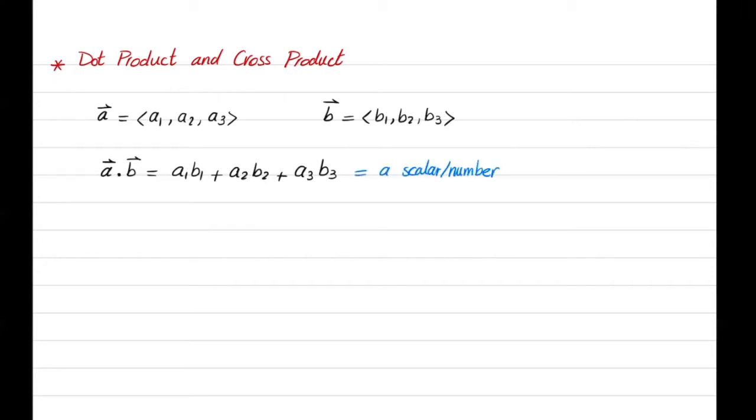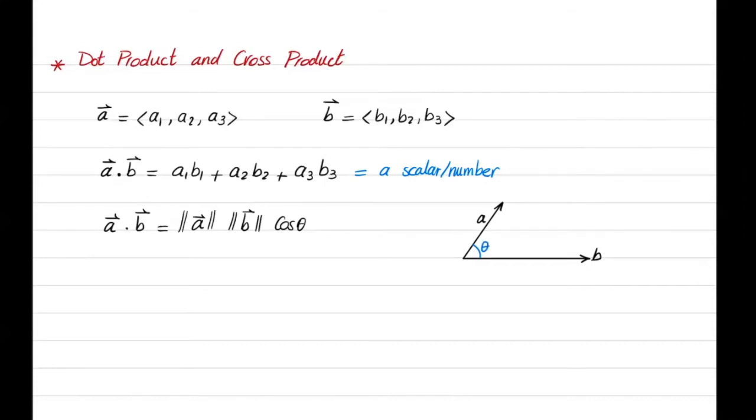There is also an alternative form of the dot product, which is the magnitude of A times the magnitude of B times cosine of the angle between these two vectors. So if this is vector A and this is vector B, then this will be the angle theta.